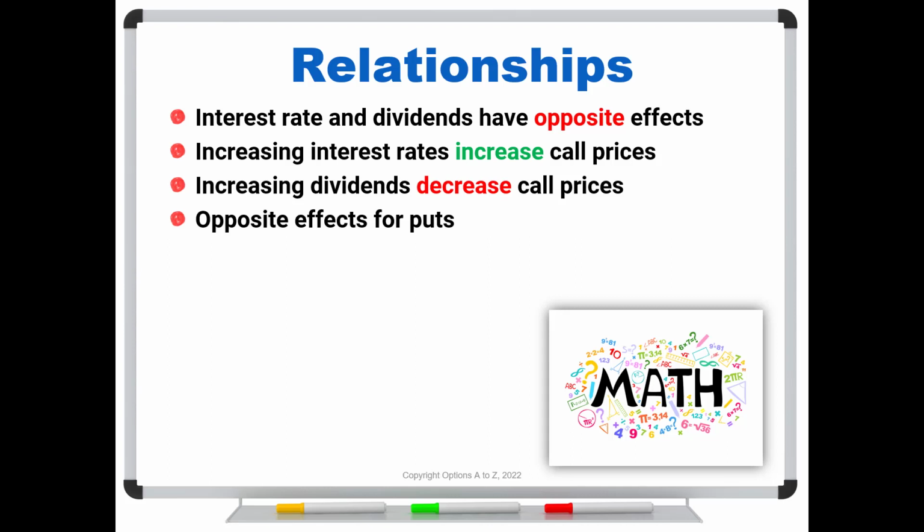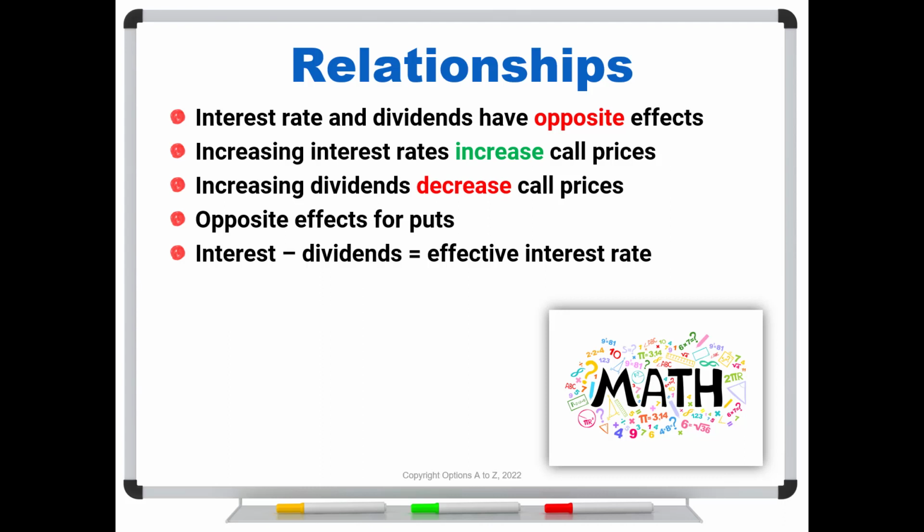Now, if you have a steady stream of dividends paid throughout the year, such as with the SPX or the SPY ETF, we can call those continuous dividends. It's not like all the dividends were paid in January, or in December, or in the middle of the year. They're sprinkled about equally throughout the year. If that's true, we can just use a simpler formula of interest minus dividends, which gives us an effective interest rate.